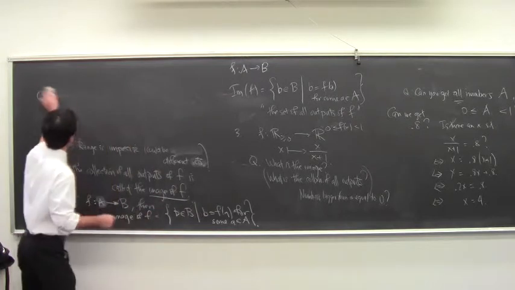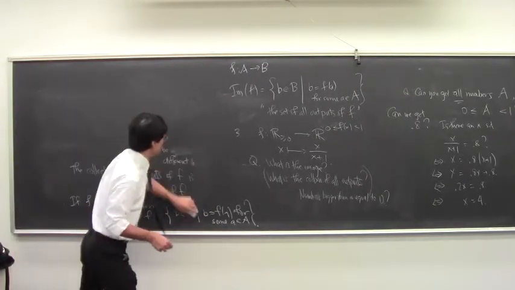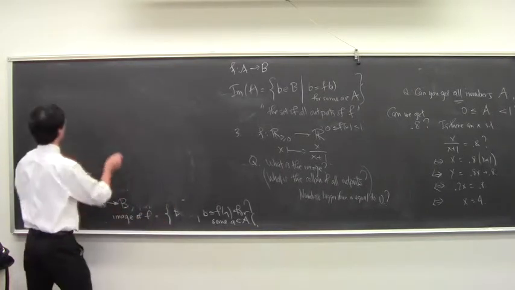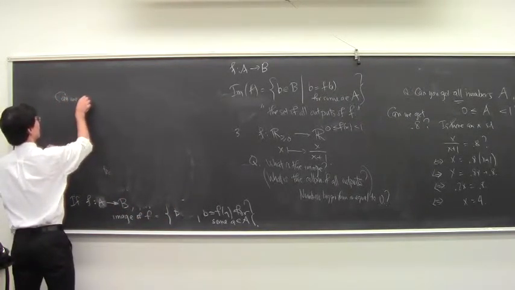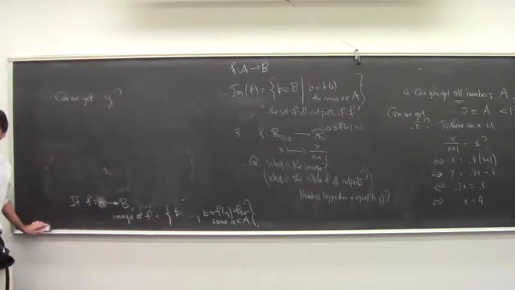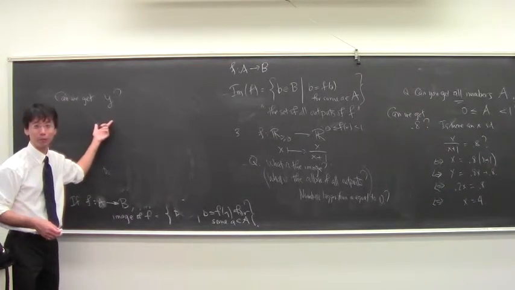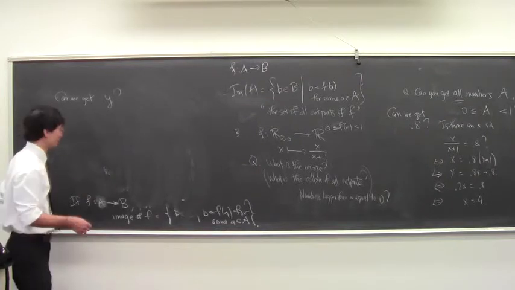So now, is that all right for everybody? Okay. So now let's do that. Can we get the number y? Here's a number between 0 and 1. I'm going to call it y.